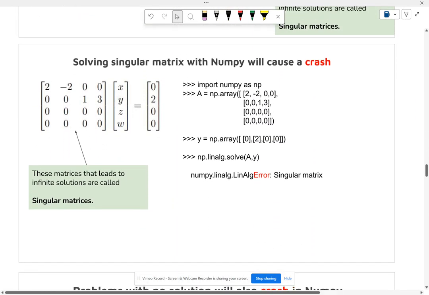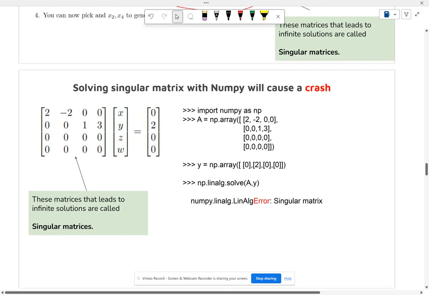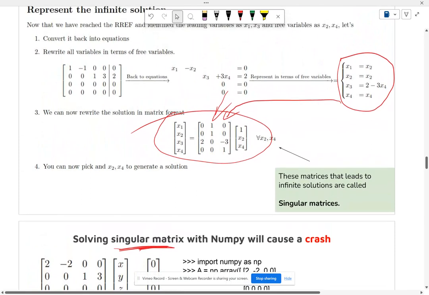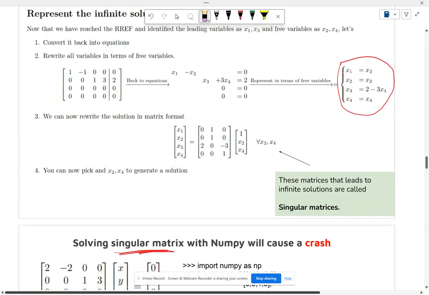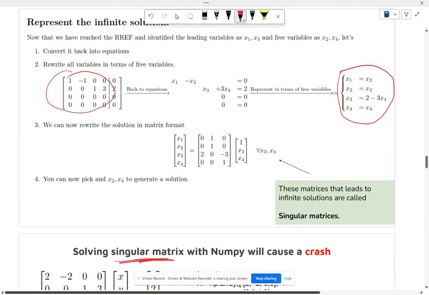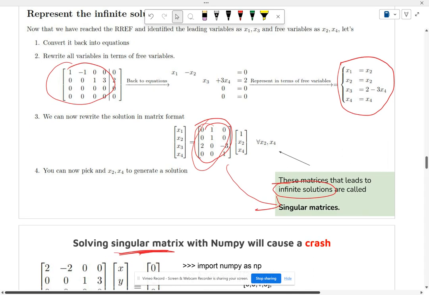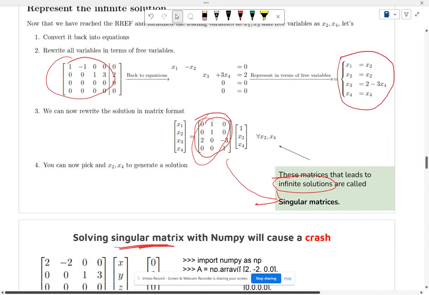Now, I forgot to mention this. If the matrix, from the augmented matrix, leads to infinite solutions, then this matrix is called singular. Singular is when you have infinite solutions.